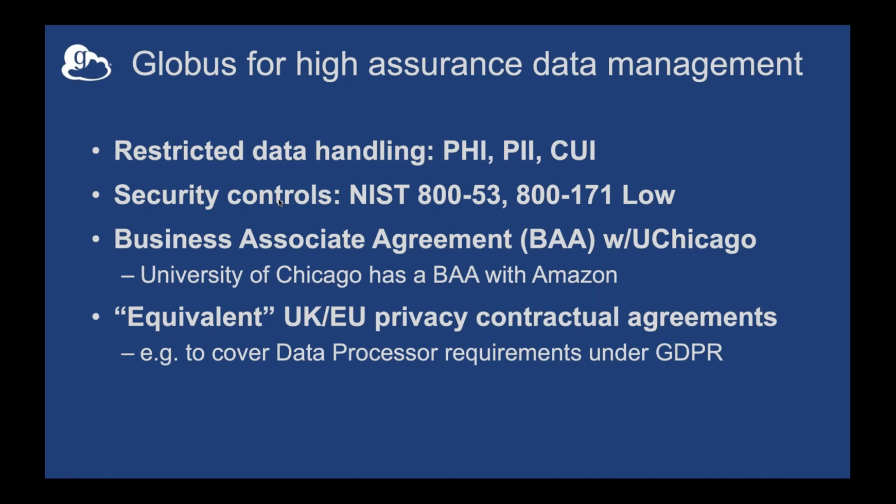So we've now set up things so you can negotiate a business associate agreement with the University of Chicago, and a growing number of biomedical research institutions are starting to do that, so they can use Globus to move data associated with their biomedical or social science research.